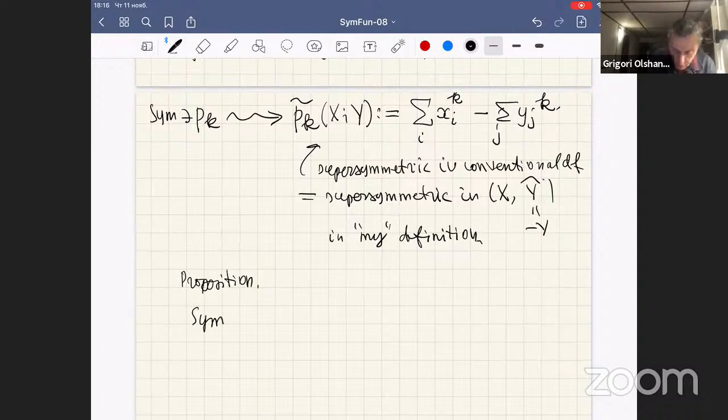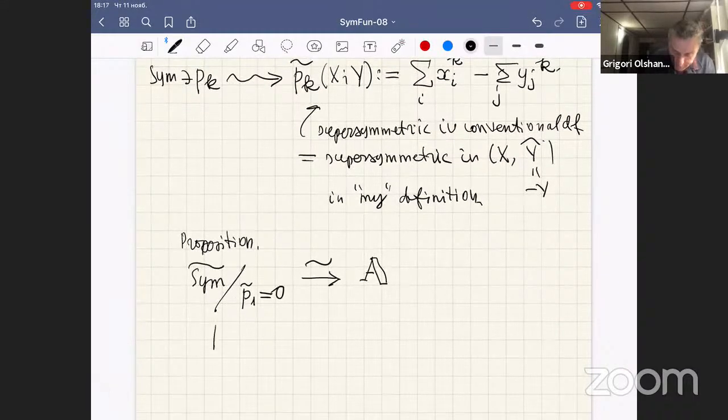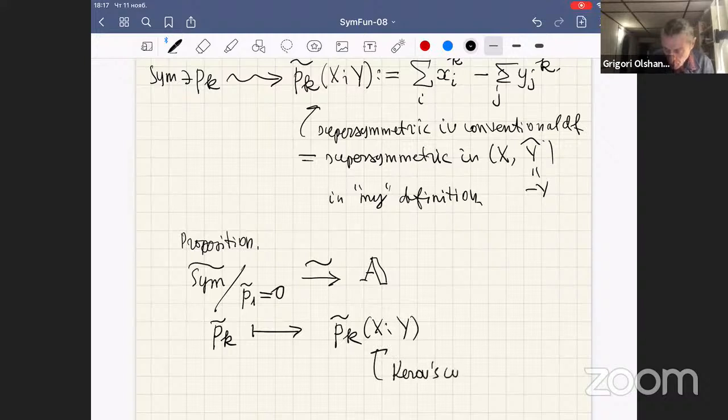Take this algebra and its quotient, and this quotient algebra is isomorphic to the algebra of regular functions under the map which sends this one to this, where these are Kirov's coordinates.